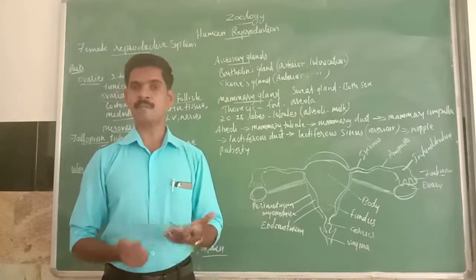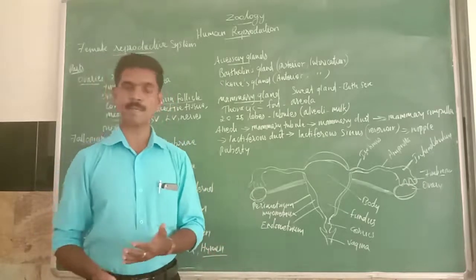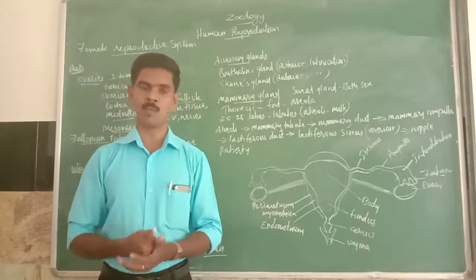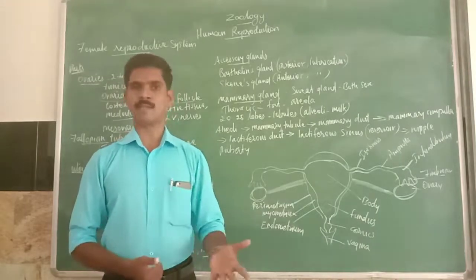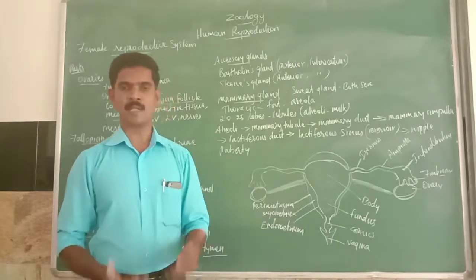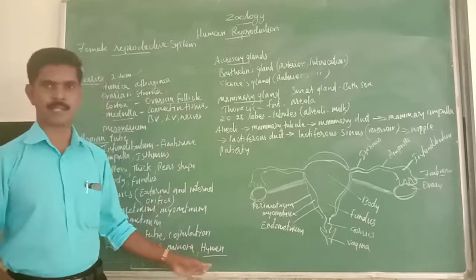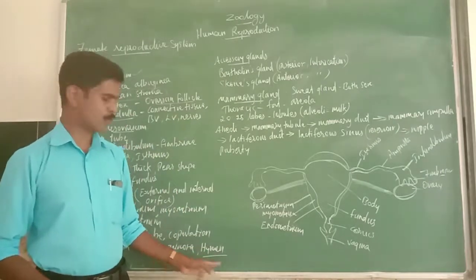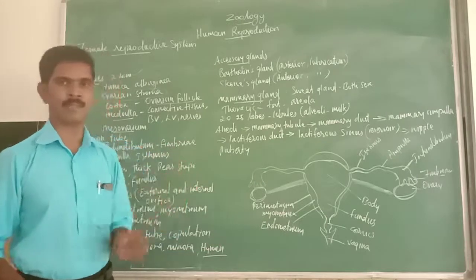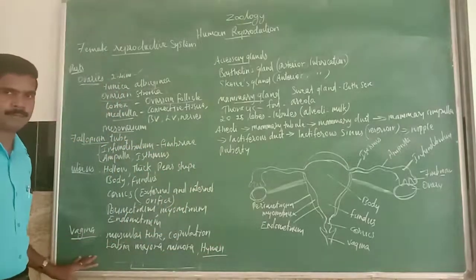But in some females, the hymen may also rupture during hard exercise or hard work, cycling, or horse riding. Sometimes the hymen ruptures at these times. So it's a very small membrane partially closing the opening of the vagina. Hope you all understood the structure of the vagina.